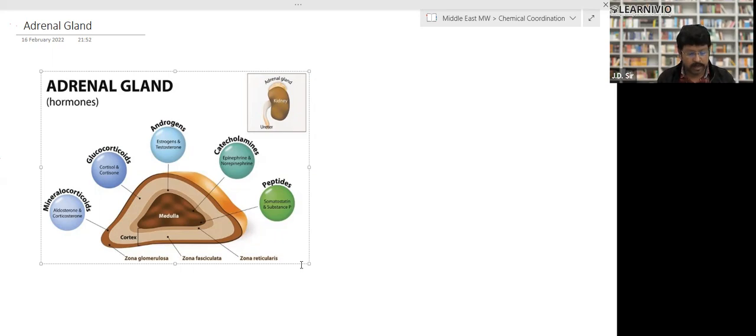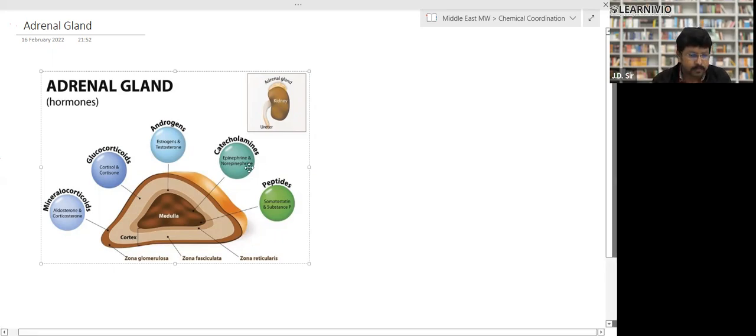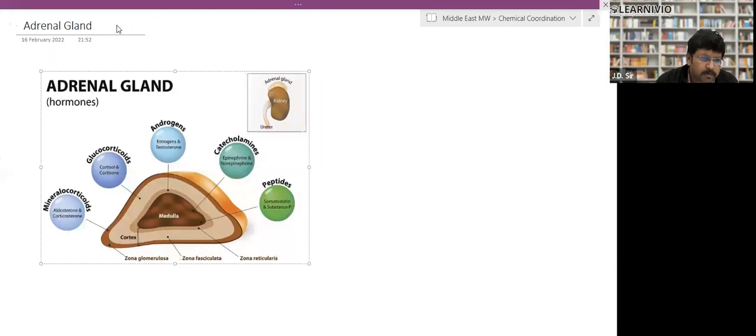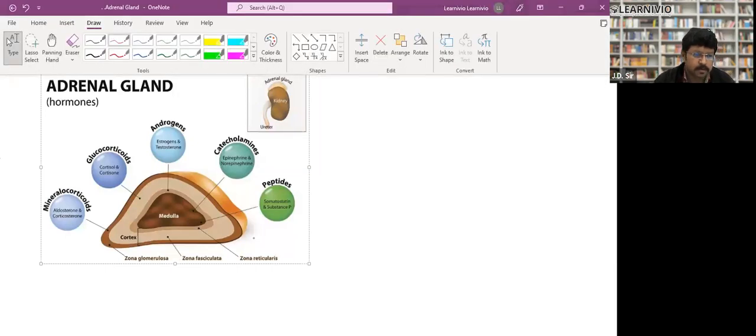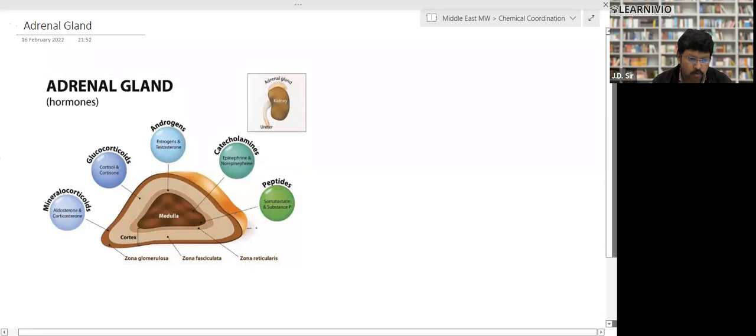Let me explain the layers of the adrenal gland. The outer part is known as the capsule.